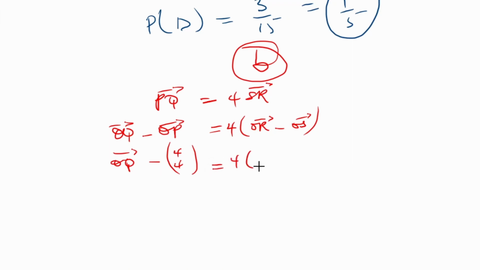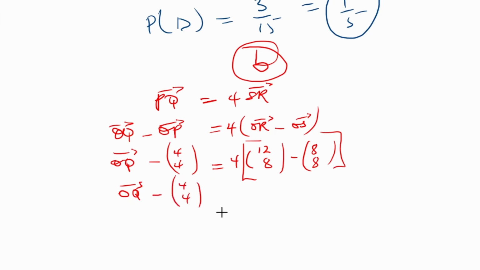R is 12, 8 minus 8, 8, which are the coordinates of S. But remember, the 4 is multiplying both of them, so we need to put it in parentheses. Then working further, we have vector OQ minus 4, 4 equal to 4 multiplying 12 minus 8, which is 4, and 8 minus 8, which is 0.